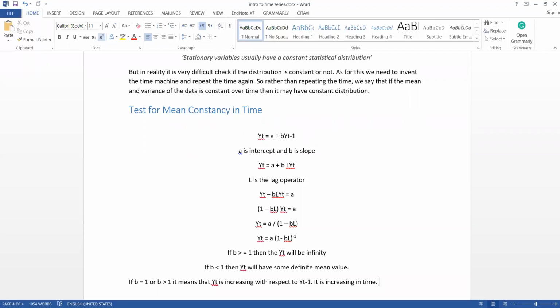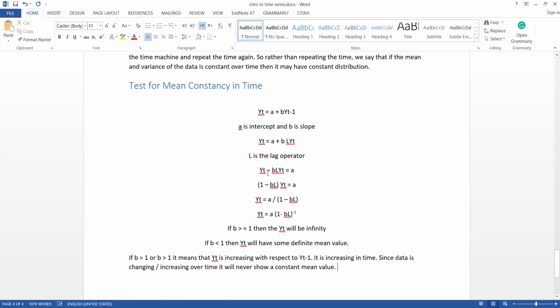Any mean value that you measure is a conditional mean. Since the data is increasing over time, it will never show a constant mean value.